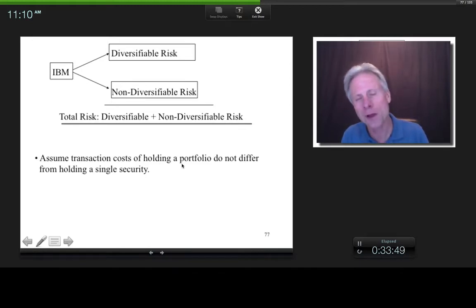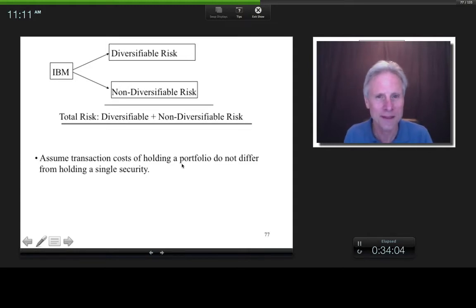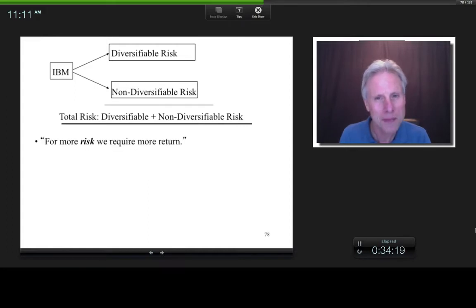So for example, if I went on E-Trade and I bought $100,000 worth of IBM, what would I pay for a commission? I don't know, $7, something like that. But if I bought $100,000 worth of, say, the Wilshire Index or the S&P 500 or whatever, how much would I pay in commissions? Maybe $7, $10, whatever. So I'm ignoring transaction costs.